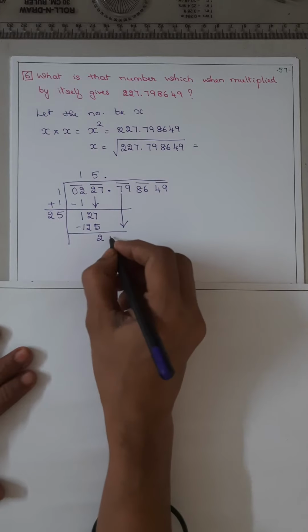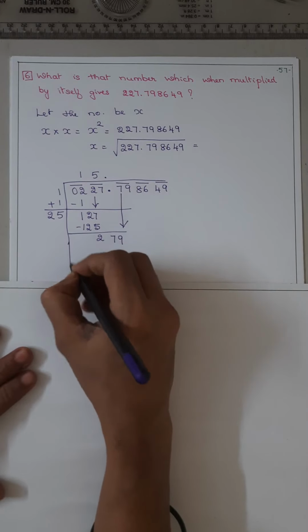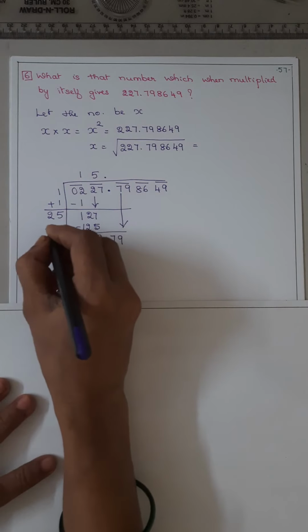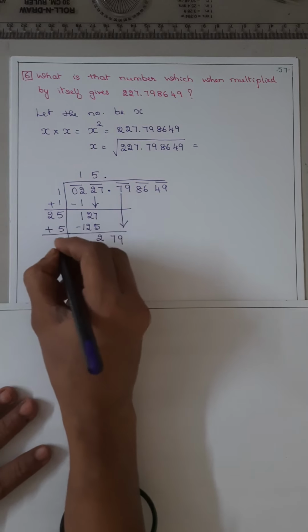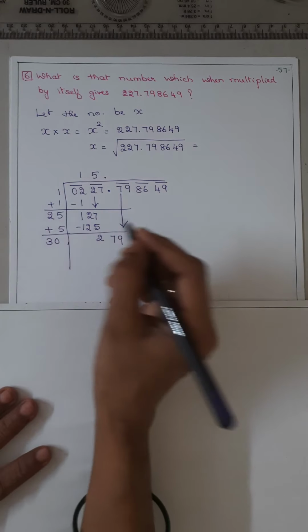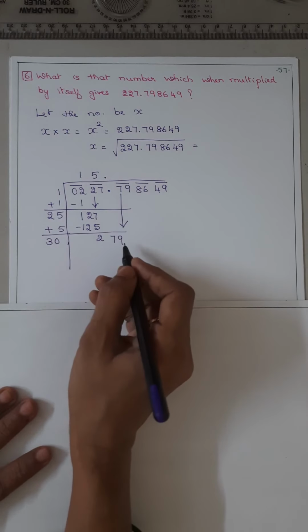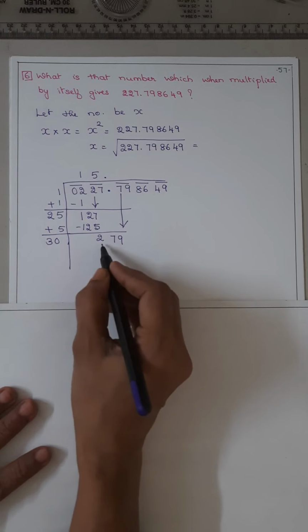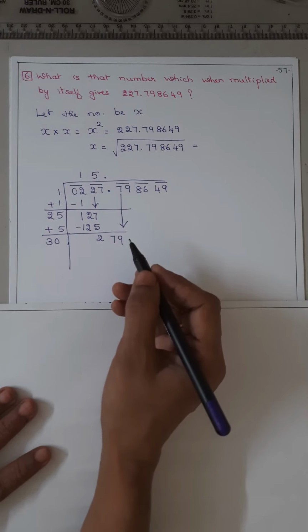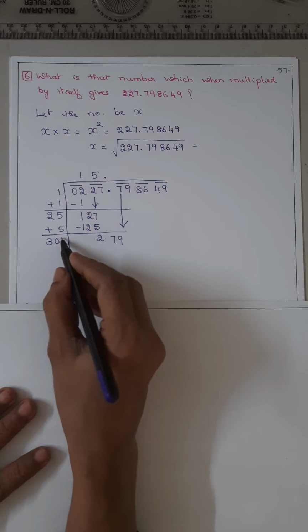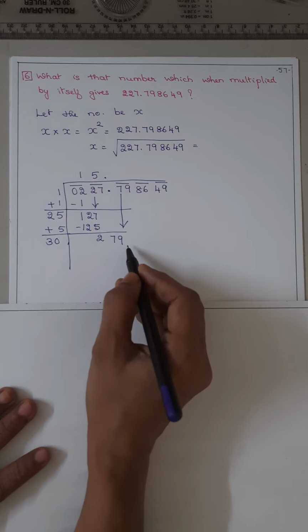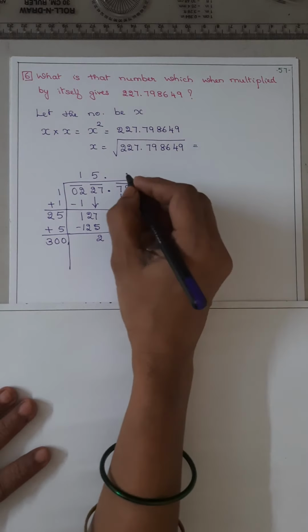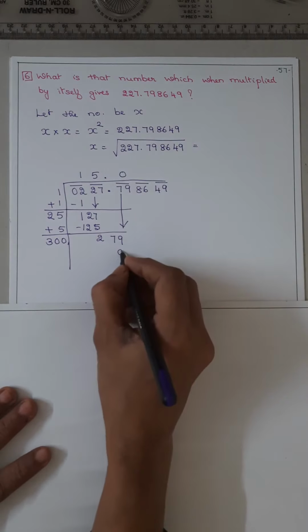Now bring 79 down. Put the decimal place immediately. Okay, now add 5. 5 plus 5, 0. 1 plus 2, 3. 3, how much? 2 digits here and 3 digits there. So even if you put 1, it will be 301, which is bigger.